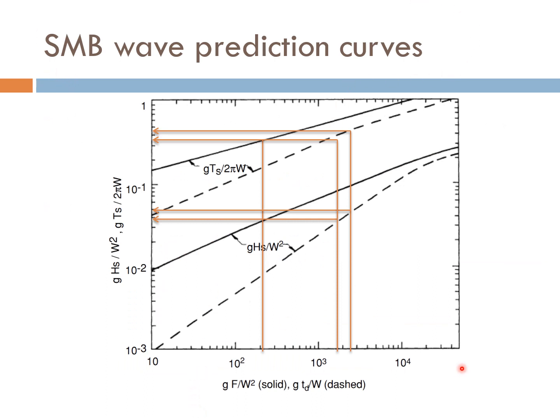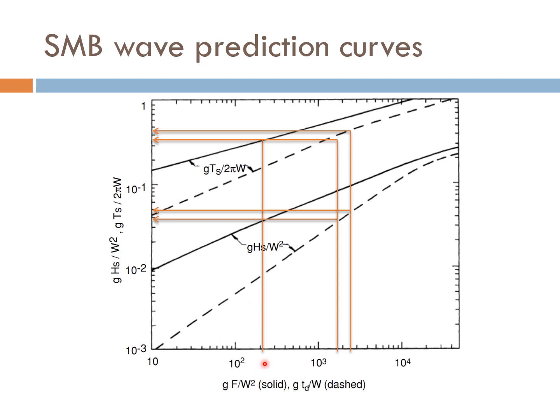On the horizontal axis here, we have the dimensionless wind fetch, which are plotted as solid curves, which is this one and this one here in the chart, and the horizontal axis here is also for the dimensionless wind duration, which is plotted as the dashed lines here, which is this one and this one.